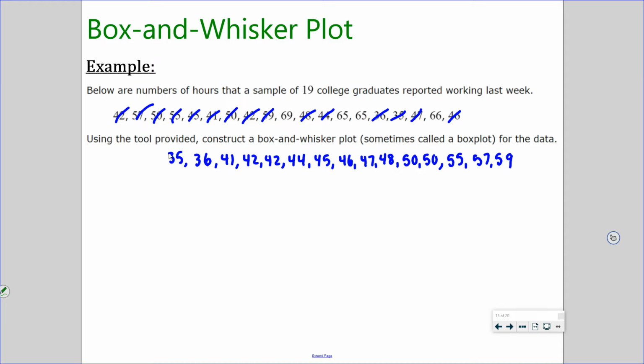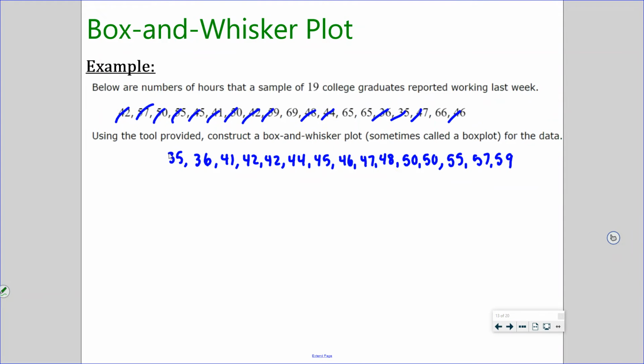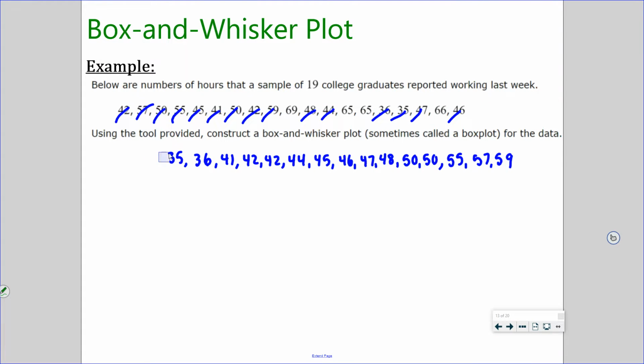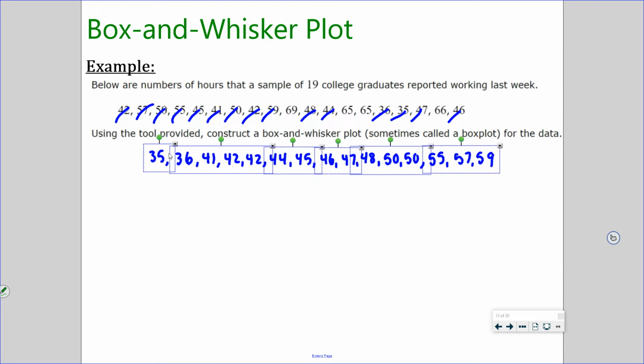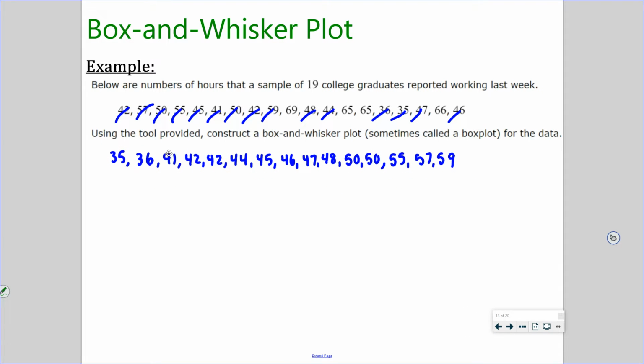I'll have to move these over. Two 65s, 66, and a 69. Okay. If you're ever not sure if you did that correctly, just count them quick. Make sure you still have 19.